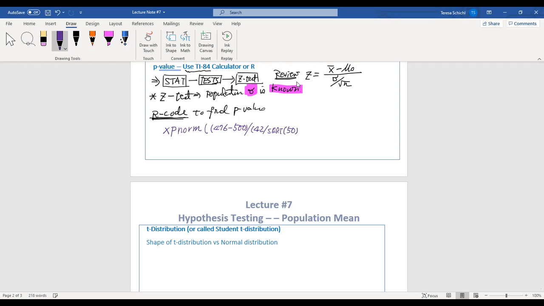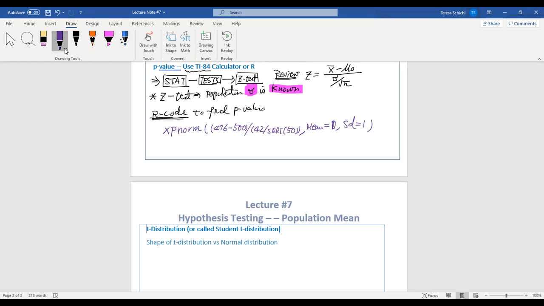Because this is really your z-score, you put the mean equal to 0, since you changed it to the standardized normal, and the SD equal to 1. Then it will give you the p-value here.